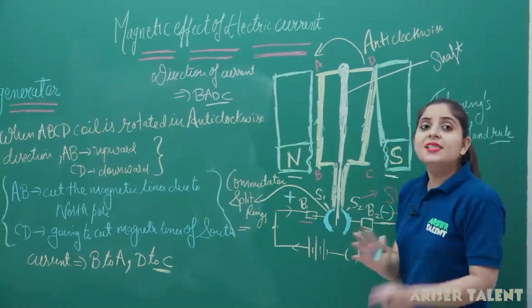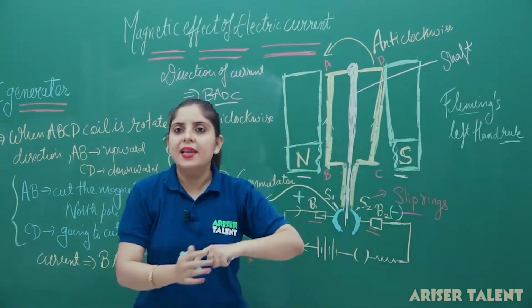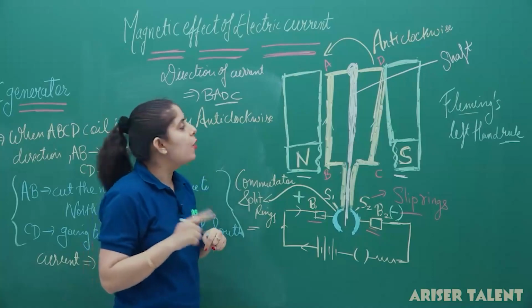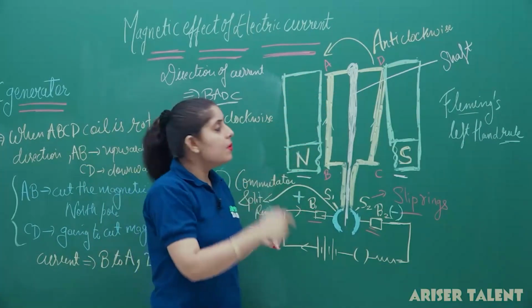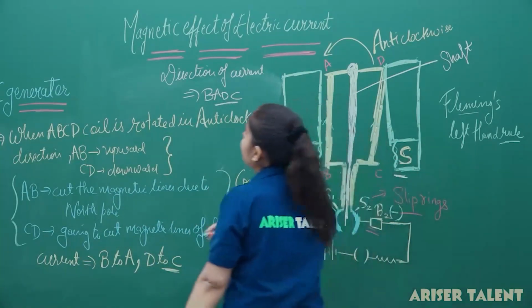Now consider the opposite scenario. If this coil is rotated in the opposite direction, what will happen? AB will come upwards. So what will happen in case number 2? This is our case 1.